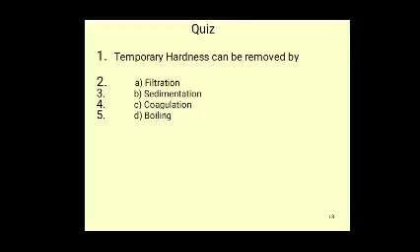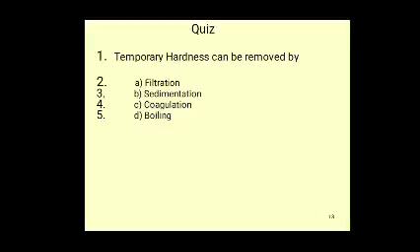Water containing bicarbonates of calcium and magnesium has temporary hardness. The salts responsible are calcium bicarbonate and magnesium bicarbonate, Ca(HCO3)2 and Mg(HCO3)2. These are removed by boiling.